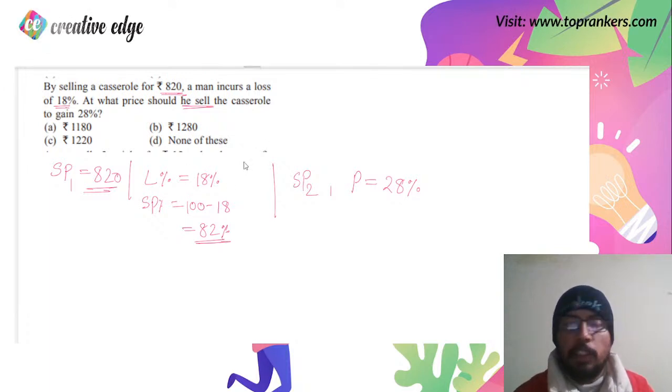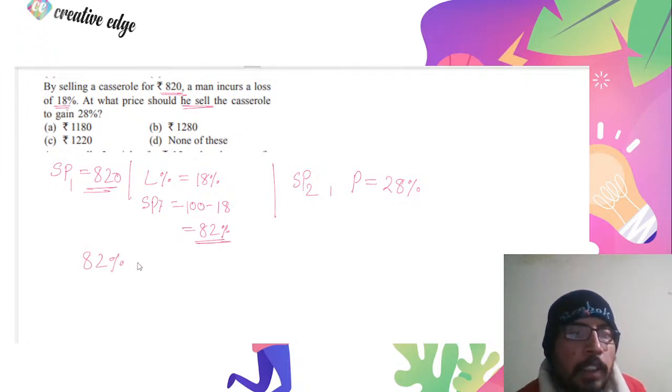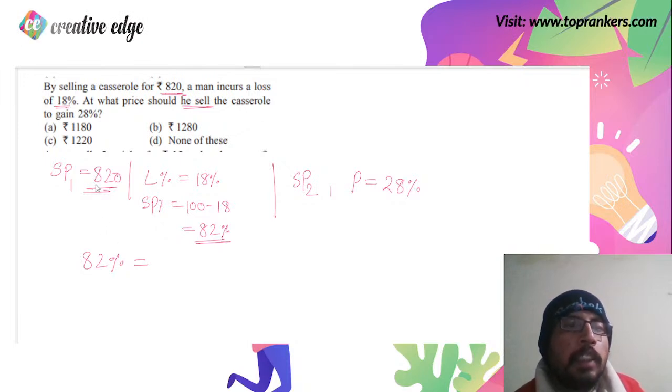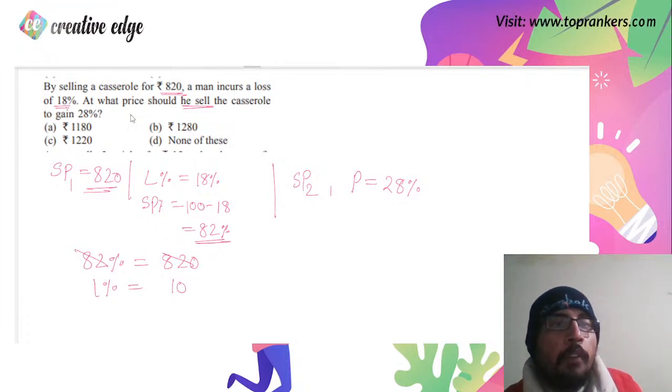Now, how can you find? Let us see that. So the first approach is, we know that 82% selling price is equal to 820. So I can say that 1% is equal to 10. 82 and 820 are cancelled 10 times. So 1% is 10. I have to find at what price should he sell the casserole to gain 28%. So if I were to gain 28%, that means 28 above cost price.